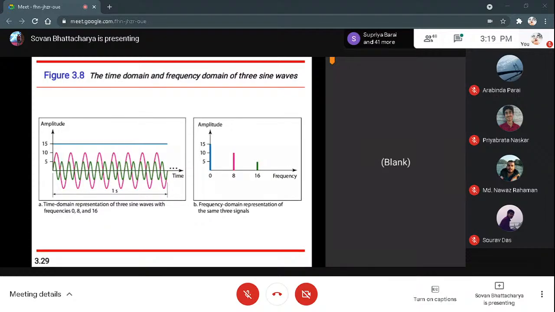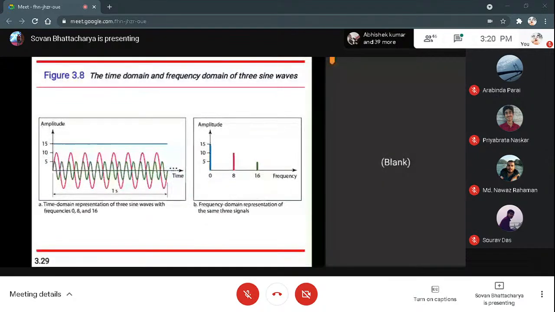There are 3 colors, so 3 waves, and their amplitudes are different. The first has frequency 0, the second frequency 8, and the third frequency 16. 16 means 16 peaks within the one time period. The pink one has a total of 8 peaks; you count: 1 2 3 4 5 6 7 8.